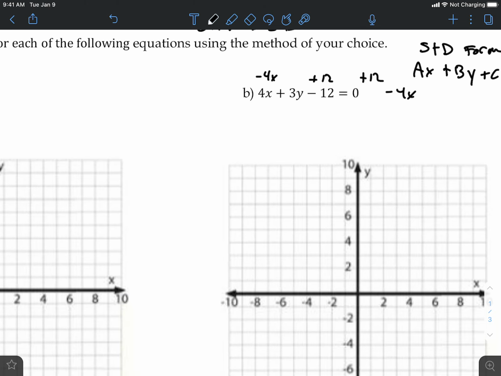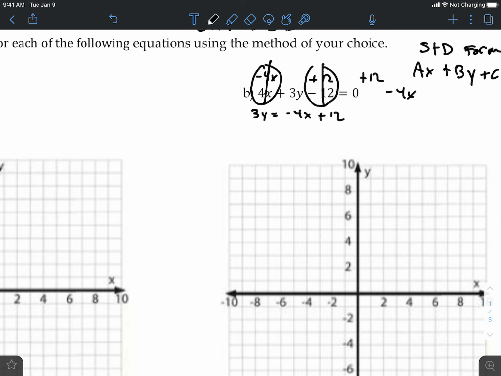Then you've created these 0 pairs. The only thing you're going to have left on the left side now, there's a 0 pair and there's a 0 pair, so you're going to be left with 3y equals negative 4x plus 12.